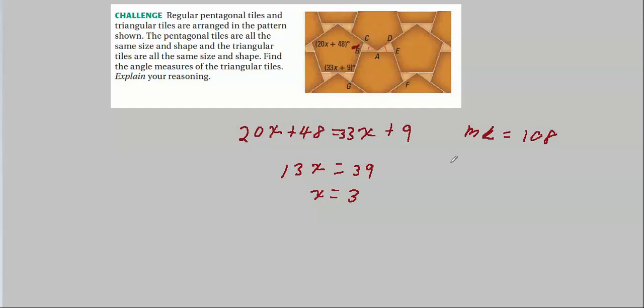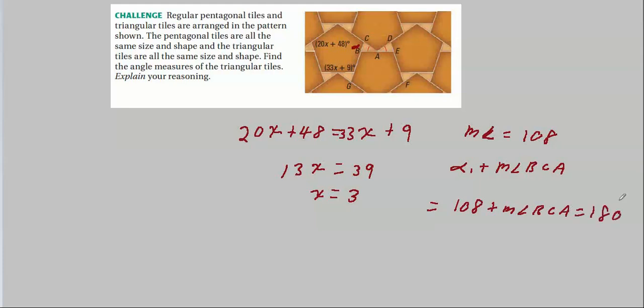Well, that forms a linear pair, so we know that alpha 1 plus the measure of angle BCA equals 108 plus the measure of angle BCA, and that equals 180.